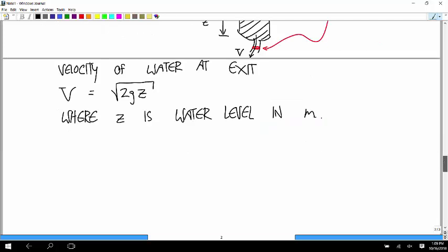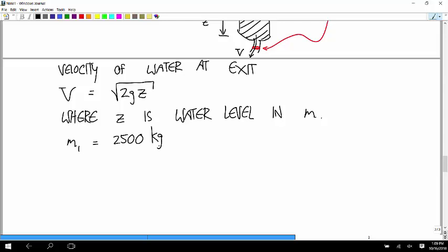It initially contains, so mass 1 is 2,500 kilograms. The density of the water is 1,000 kilograms per cubic meter.